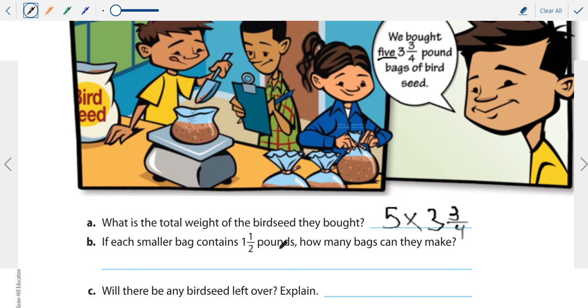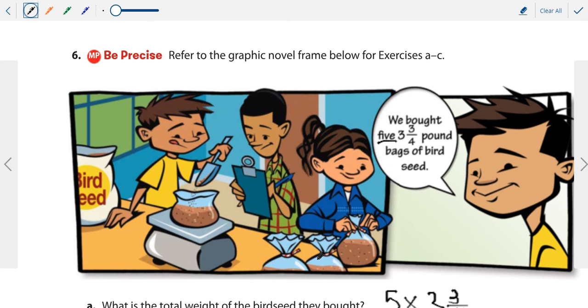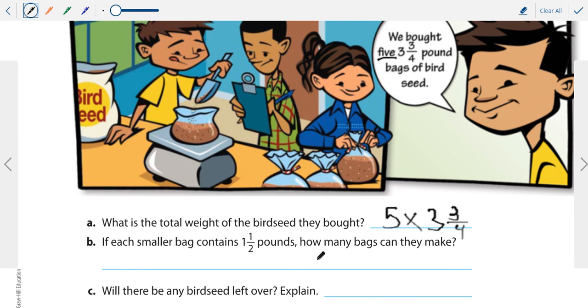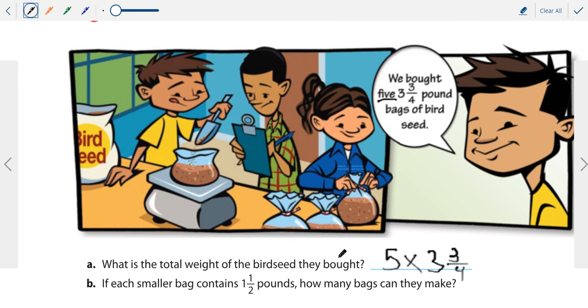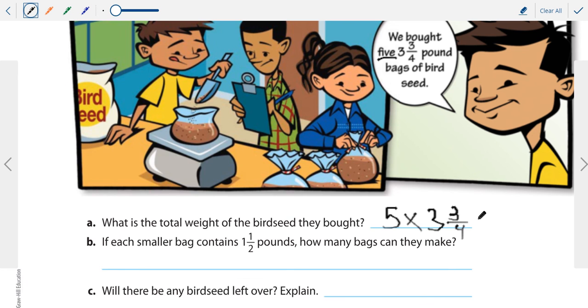If each smaller bag contains 1.5 pounds, how many bags can they make? All right. If each smaller bag, okay, so see the little smaller bags they're making. So if each smaller bag contains 1.5 pounds, how many bags can they make? So we would have to take our answer from here, and bring it down and multiply it.